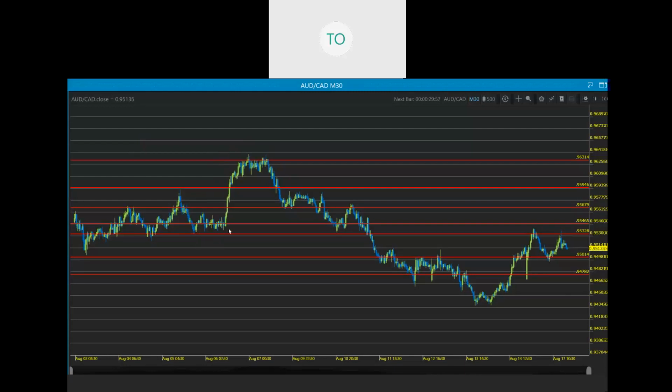So, for example, the more popular one that I can use is the Euro US dollar, EUR/USD.